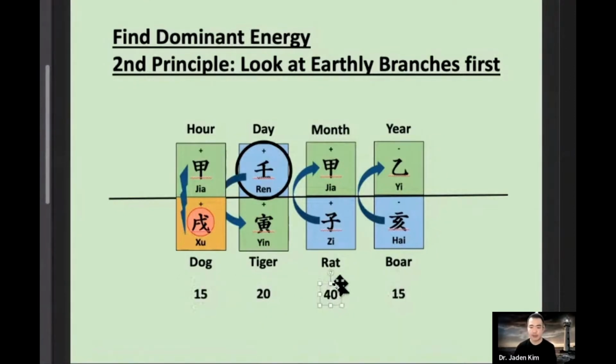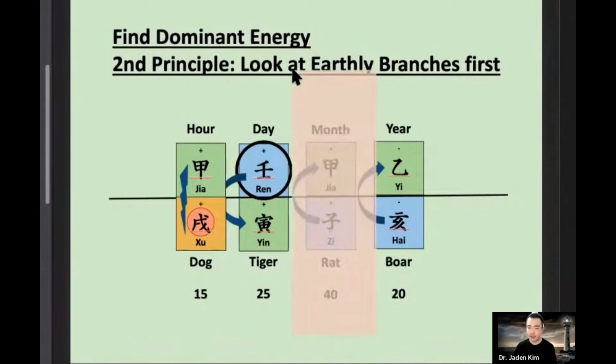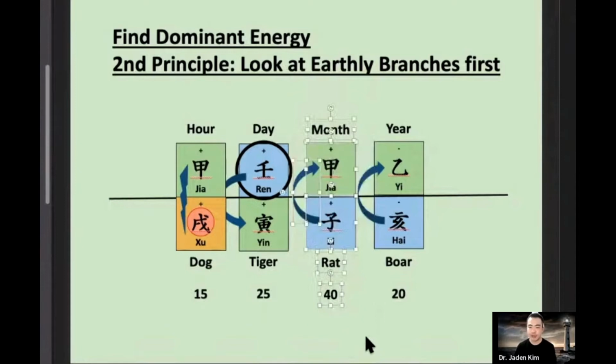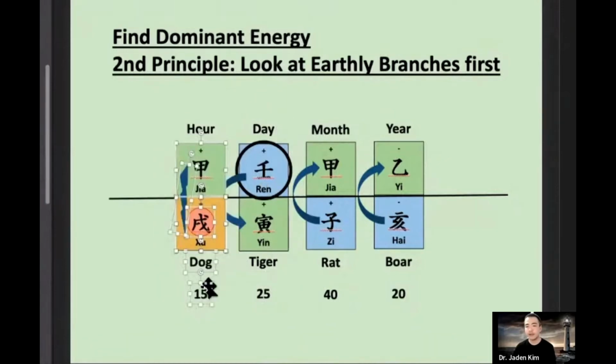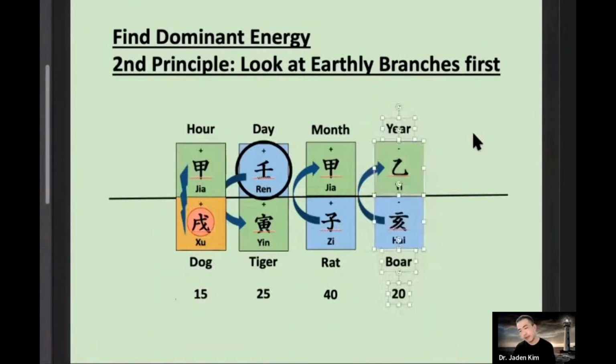Or I will say 40, 25. I don't like this number. Let's say 15, 15. This is not really the right number, but 40% for the monthly branch, 25% for the daily branch, 15 for the hourly branch, maybe 20 for the yearly branch.